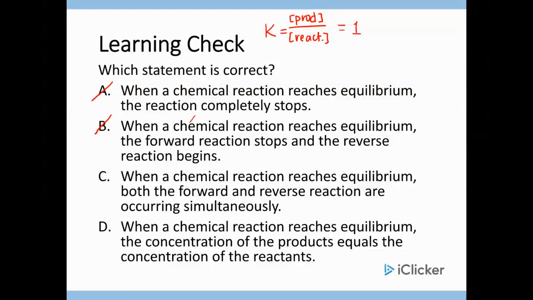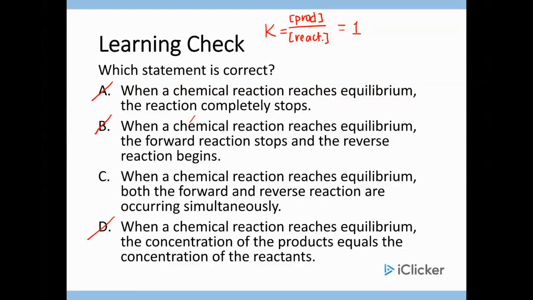But we've seen plenty of examples where K is not equal to 1 because the concentration of products is not equal to the concentration of reactants. So that is not a condition for equilibrium. It is possible for K to equal 1, but that is not necessary to define equilibrium. Often, the concentration of products does not equal reactants at equilibrium.